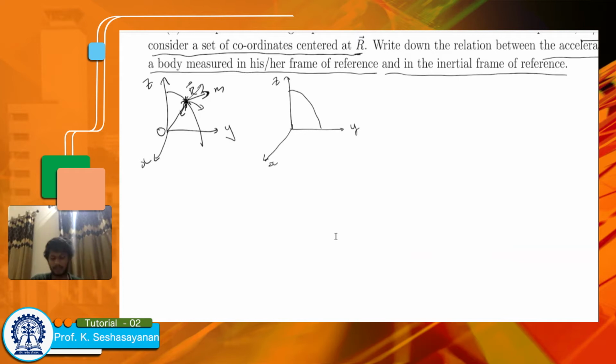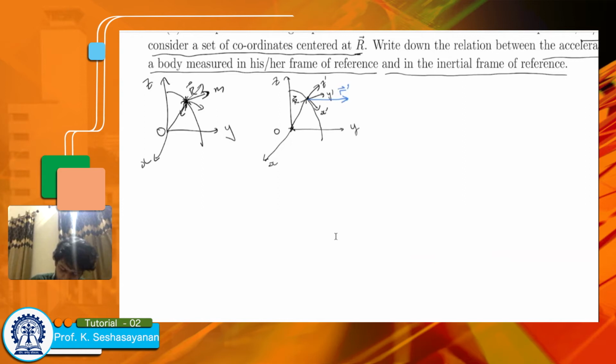So let's consider the frame of reference of the inertial observer, which is centered on point O, and there's another frame of reference which I'll call x prime, y prime, z prime, and this is the observer at R, and he or she is measuring an object, let's say at a position R prime.